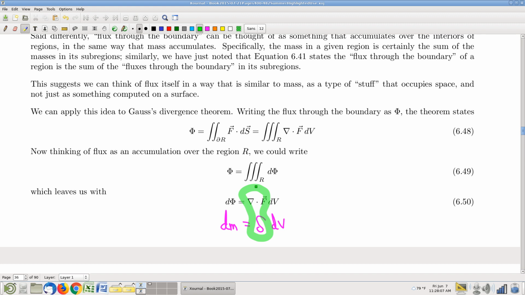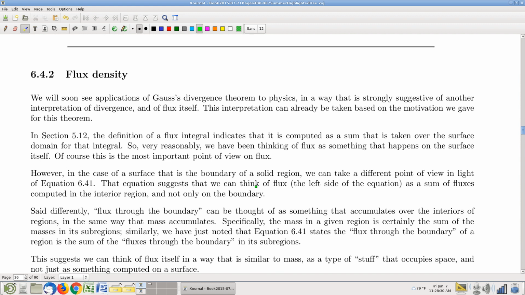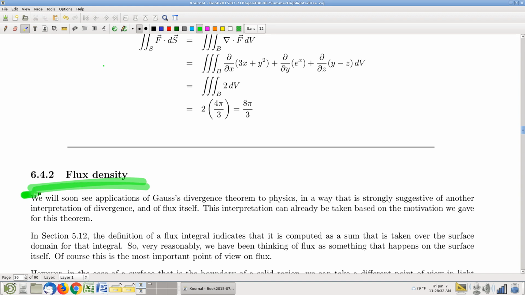So, in the same way that what we routinely call density is mass per unit volume, divergence, likewise, is flux per unit volume. And so the term that we use to describe divergence, extremely common, by the way, is that it is flux density. Because of that connection. You'll hear this term a lot going forward.